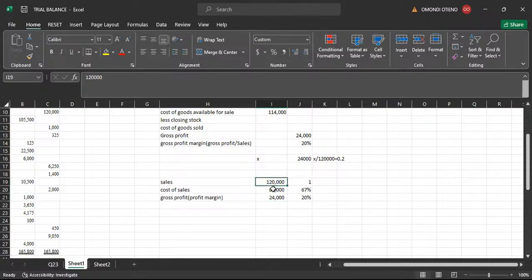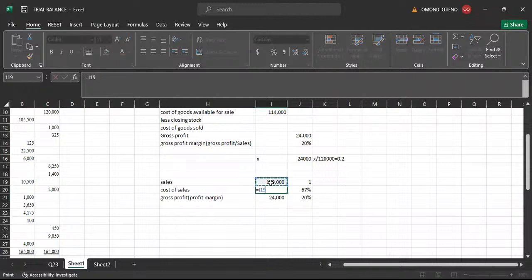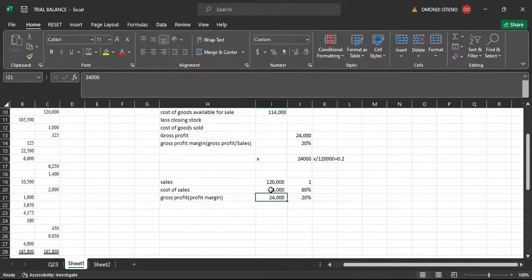I will take 120 minus 24 to give me the real cost of sales, which is 120 minus the gross profit, because I've been given it here. So I'm working this backwards to be able to get the cost of sales. So you are able to see that my cost of sales is 80%. My gross profit margin is 20%. That is what the examiner has given you.